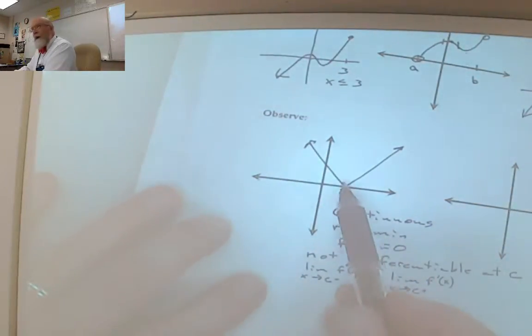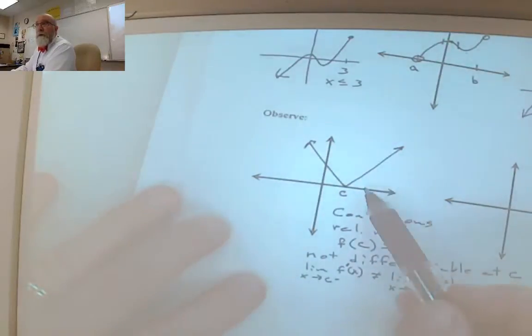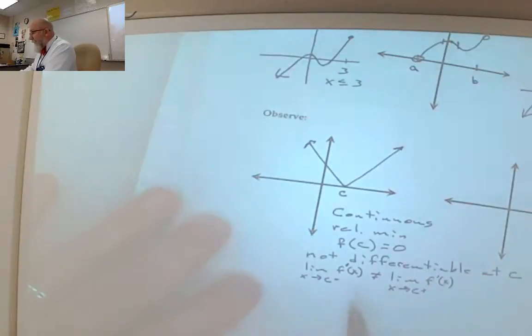The slope of this line is a -1, correct? Right, the derivative. The slope of this side is a +1. Would you agree? And so as you move on a sharp point, that is always true. All sharp points. So I can't say sharp point. I have to say that the limit of the derivative as I approach C is not equal to the limit of the derivative as I approach C from the other direction.